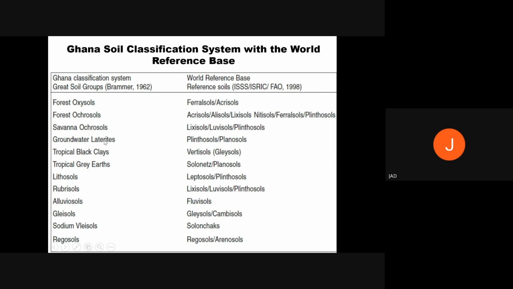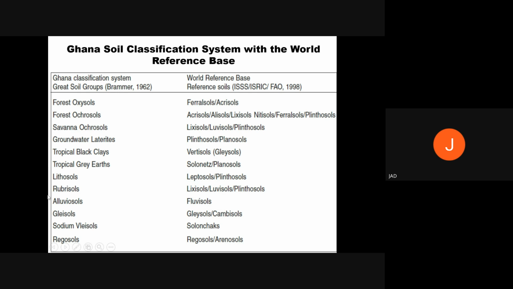In that order, grumusols are called planosols. So tropical black clays are called vertisols or gleysols. So these are the comparison. This column refers to how we classify under the Ghana classification system, but at the international level, we can also classify that same soil using the following names.